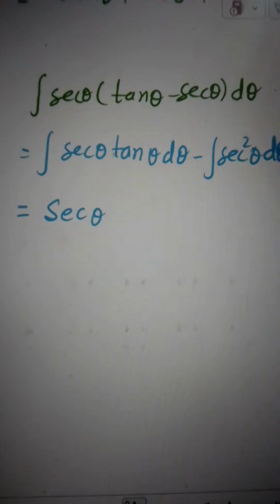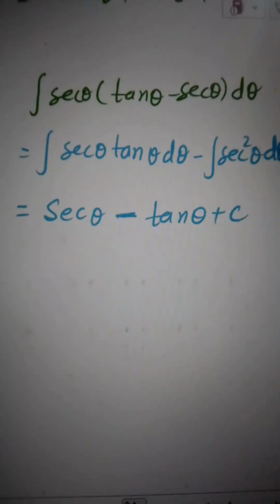Because the secant derivative is secant tan, so the secant tan integral is secant. So this is reverse. If you differentiate secant, you get this. If you integrate this secant tan, the product, you get secant. So that is the connection. And we know that secant square is the derivative of tan. So the secant square integral is tan plus c.